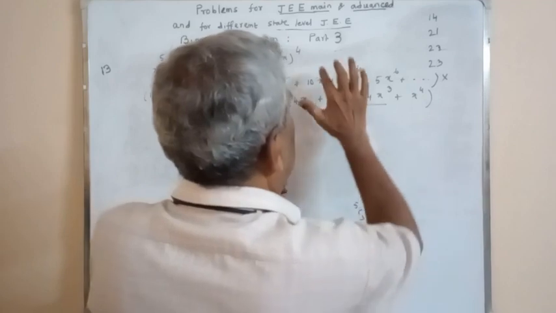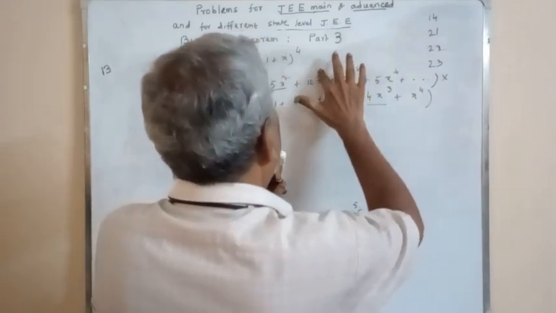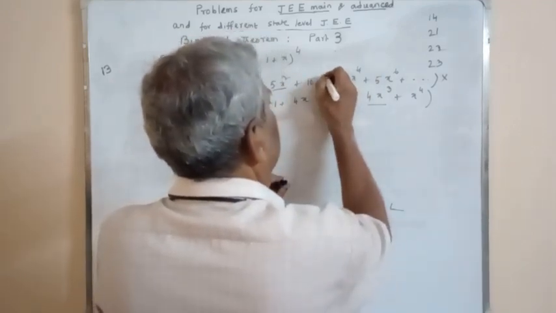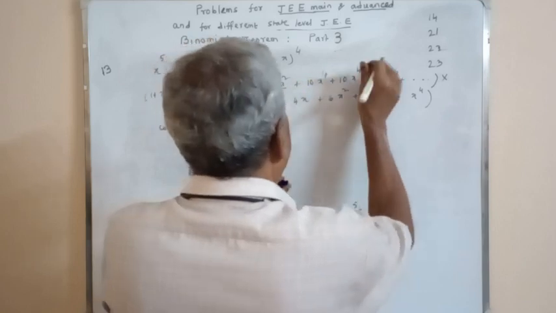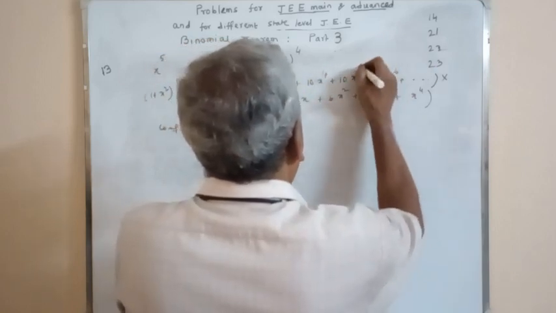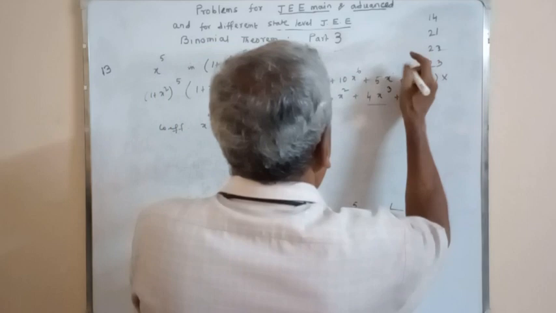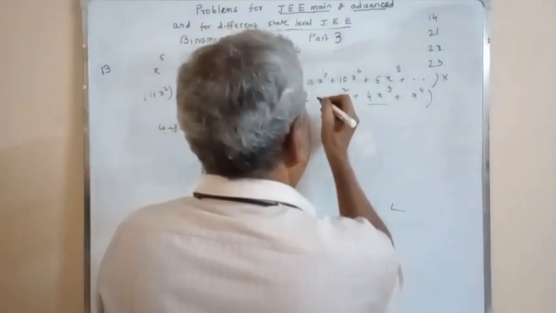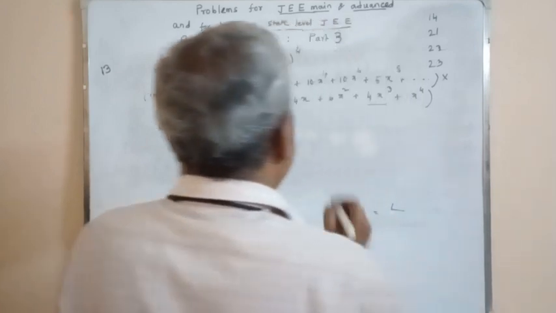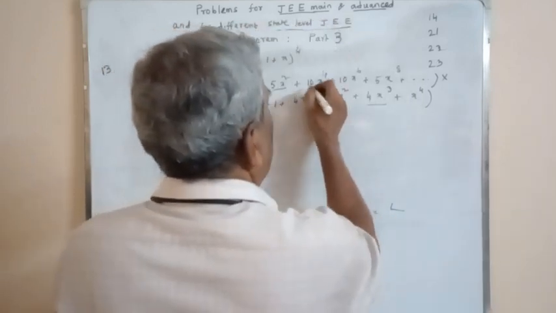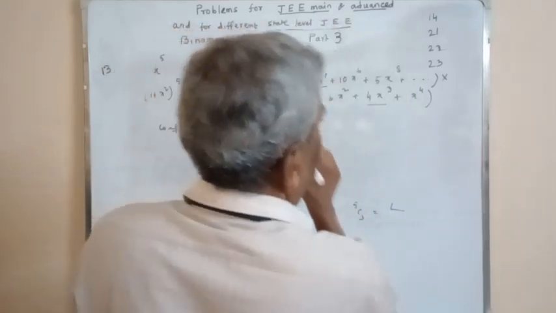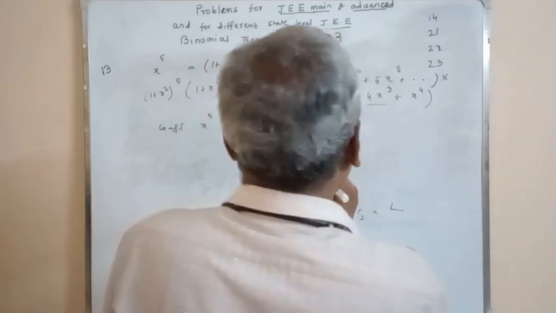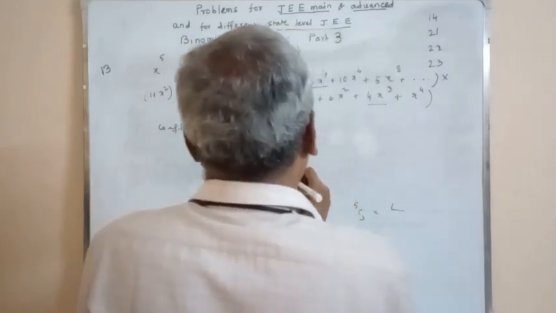Next terms are 4, 6, 8. When I multiply this with x to the power 1, I get x to the power 5.